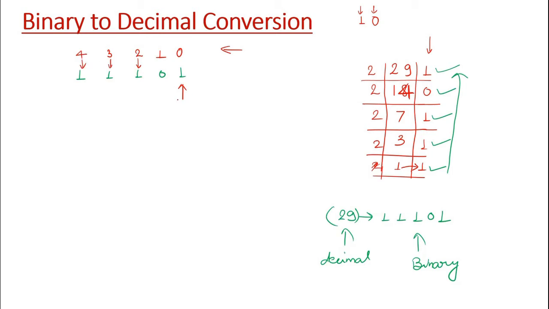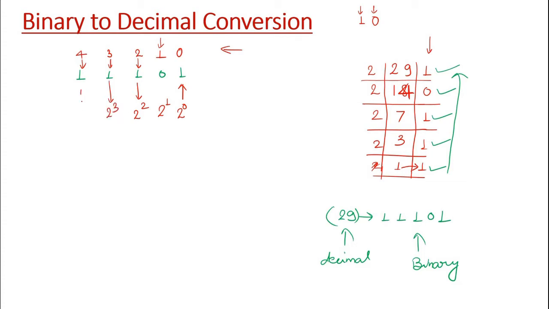Whenever we try to convert it into decimal, what we do is put 2 to the power of the place of that bit. So the place of this bit is 0, so this is 2 to the power 0. This is 2 to the power 1, because the place of that bit is 1. After this, we calculate 2 to the power 2. Here we write 2 to the power 3.